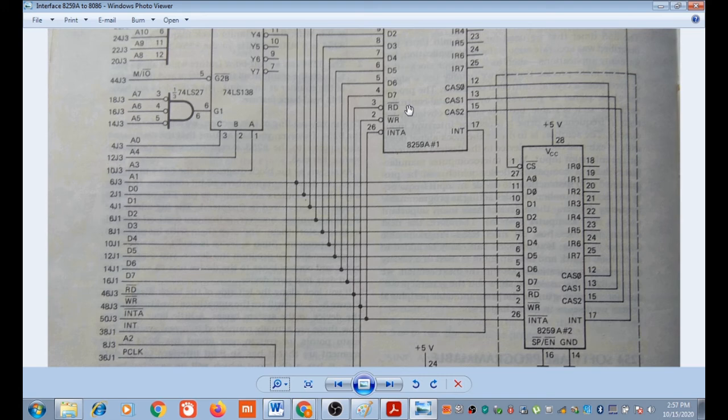When this 8259A is configured as a master, these lines are used as output lines through which it will send the ID of the slave. In a slave, these lines are used as input lines. These are used to receive the IDs sent by the master.